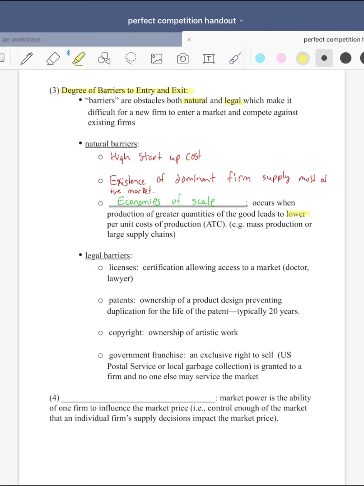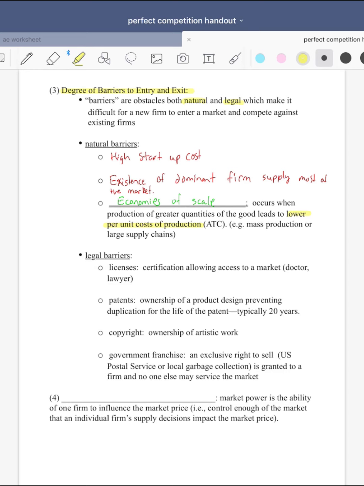The existence of a dominant firm supplying most of the market is going to be considered a barrier to entry because they benefit from what we call economies of scale. This occurs when production of greater quantities of the good leads to lower per unit costs, as we looked at costs in our last chapter.